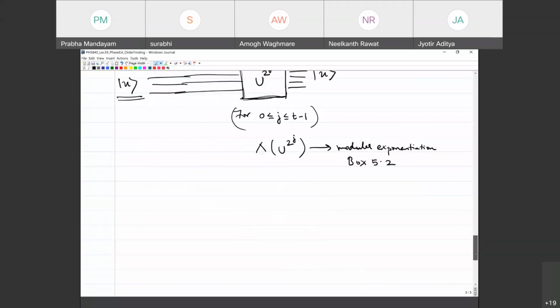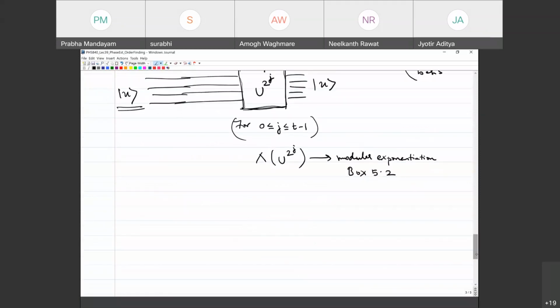So again, I'm not going to do this performance analysis, but I will just state the final result. I'm just referring to Nielsen Chuang since that's the notation, etc., that I follow.